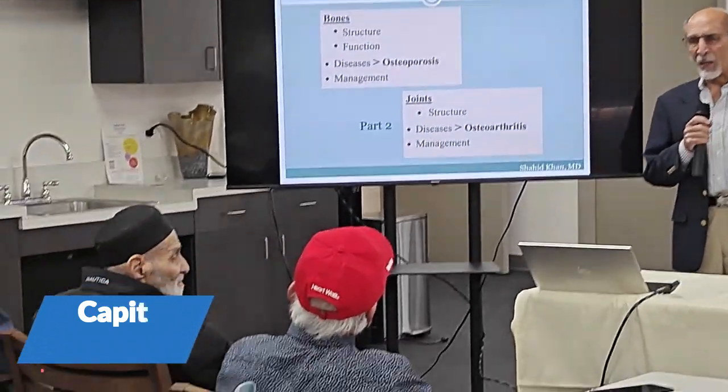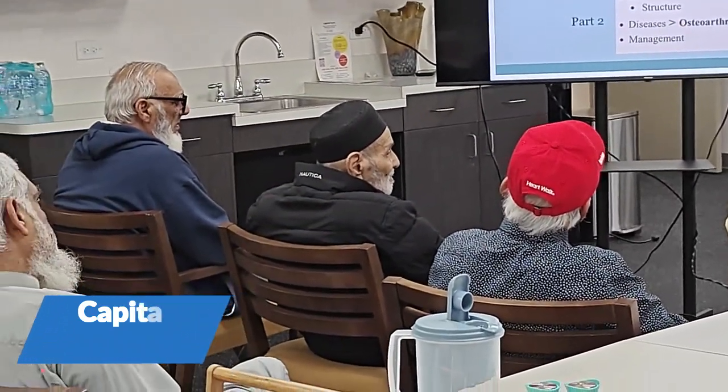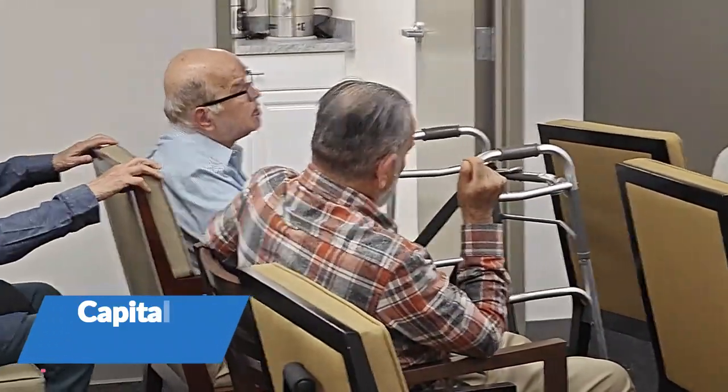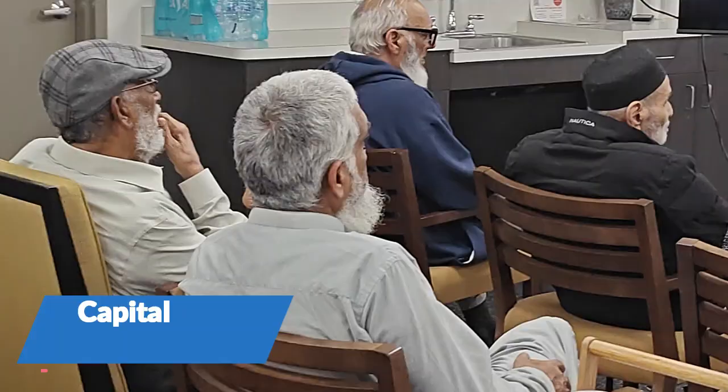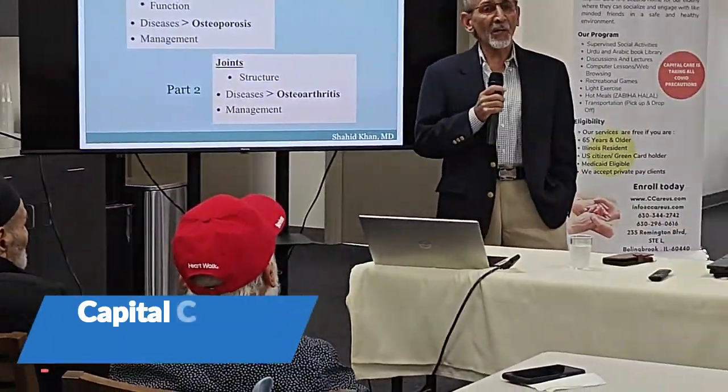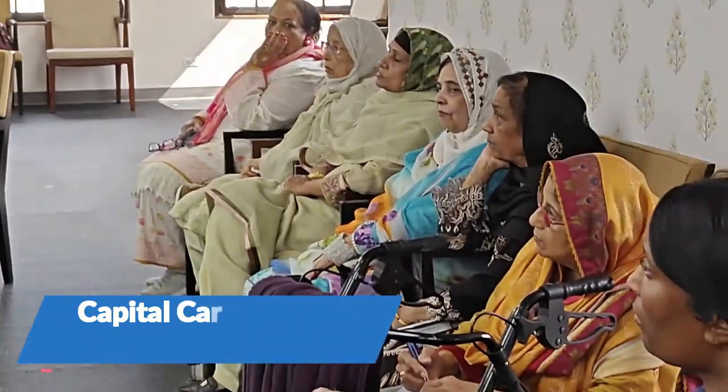The second part, we'll talk about the joints, again very briefly the joint structure. The main disease of aging with the joints is osteoarthritis, and we'll talk about that and a little bit briefly about management.